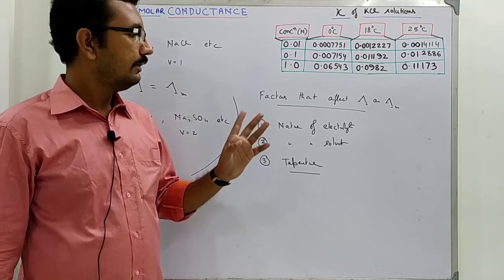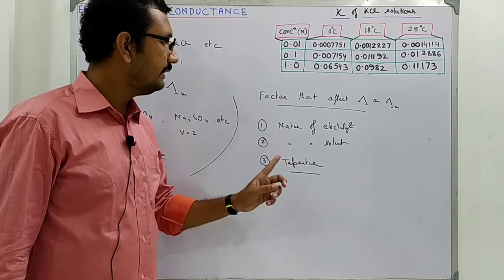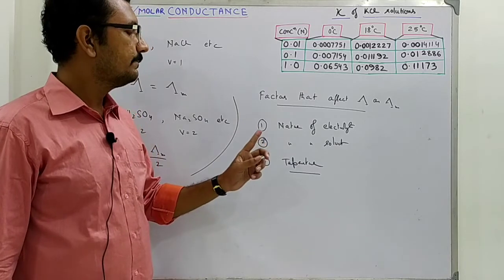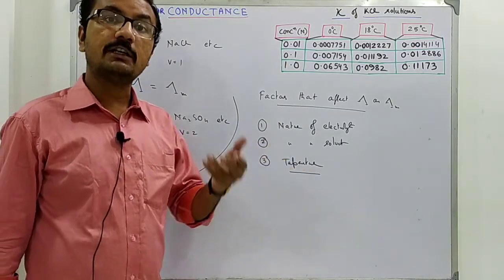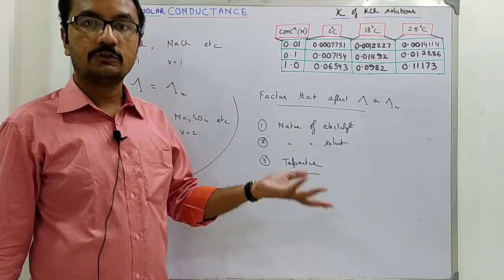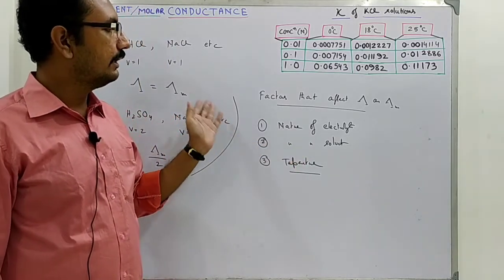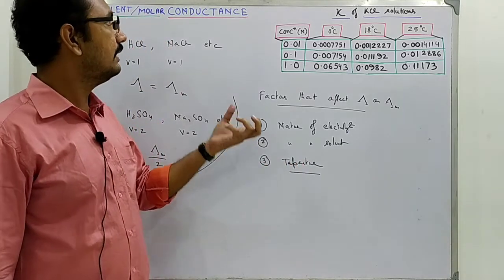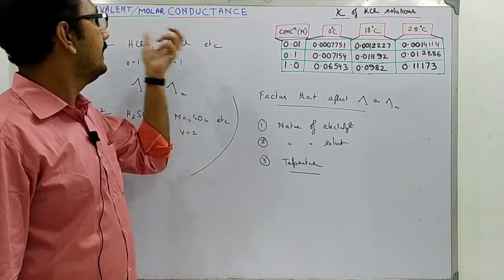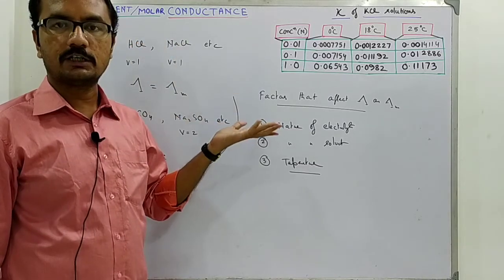Then the effect will be not due to the number of ions here, but owing to the dilution. So, that I will discuss in the next lecture, that effect of dilution on the specific conductance, equivalent conductance and molar conductance.